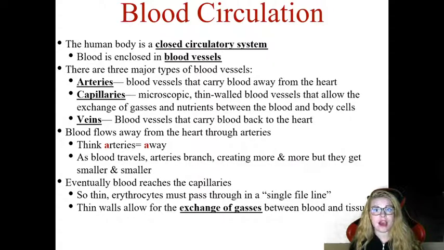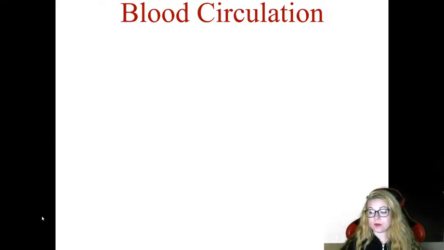So think about just how small those capillaries are, that we need a strong microscope just to view a blood cell, and these capillaries are so small that they have to pass through single file. So this is super microscopic, but it's not unintentional by any means, because the thin walls of the capillaries and their small size allows for the exchanges of gases like oxygen and carbon dioxide between blood and the tissues. Okay?